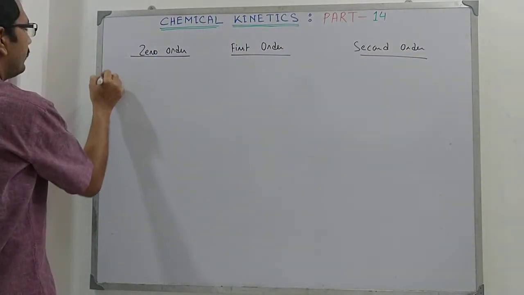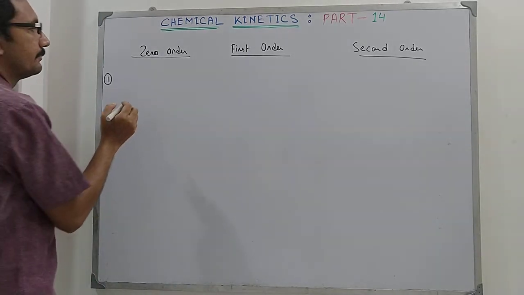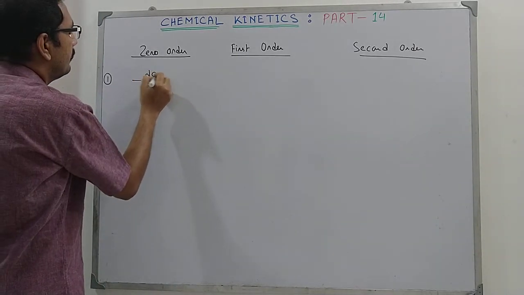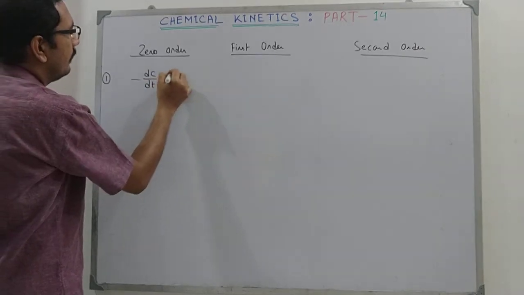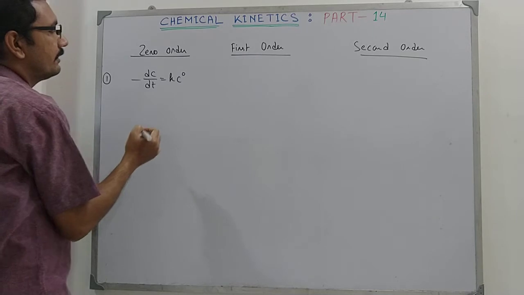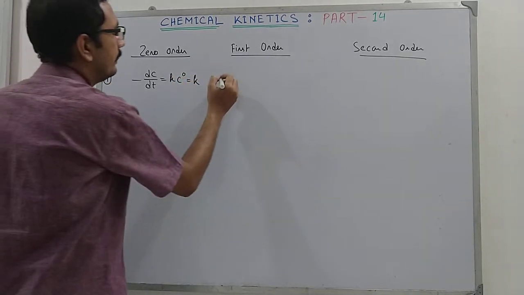Now first point is the differential form of the rate equation, which is the rate of disappearance of reactant. It is K into C to the power 0, that equals K for zero order.